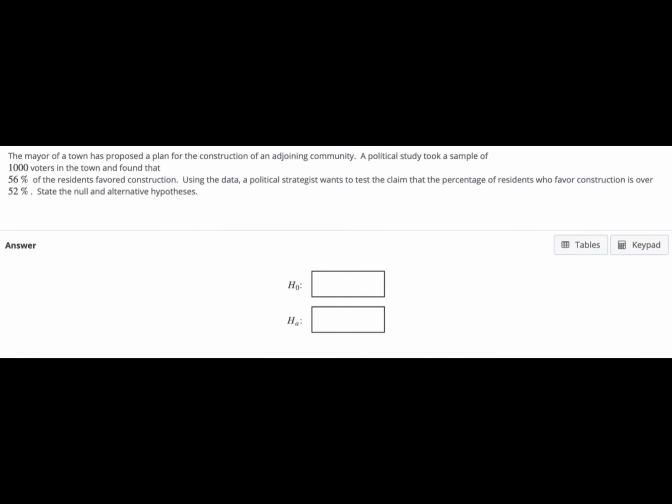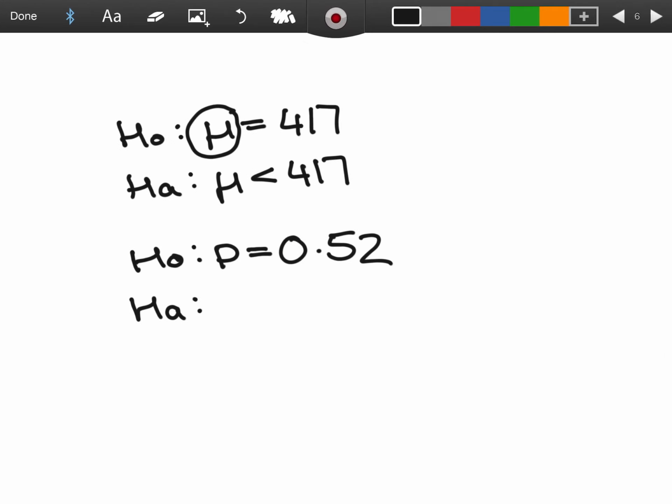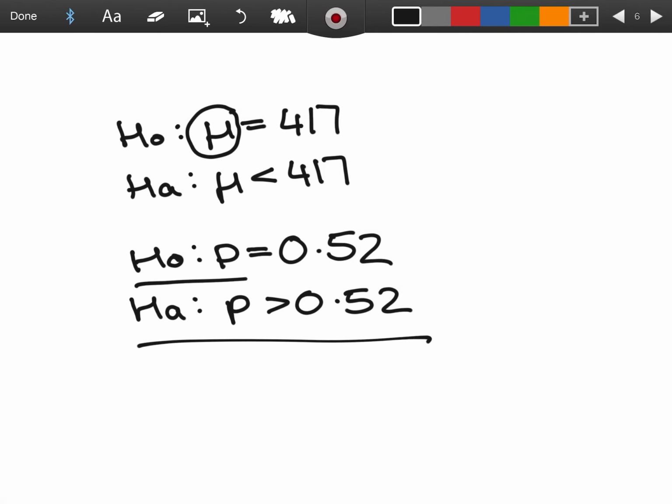He's not looking at whether it's different than 52. He wants to know if it's actually over 52. If it was different, you'd use a not equals to, over use a greater than, and under use a less than. Okay, so make sure you actually read the problem. So he wants to know if the population proportion is actually greater than 52%. And this is what he's trying to prove, but he's going to assume the null until proven otherwise.